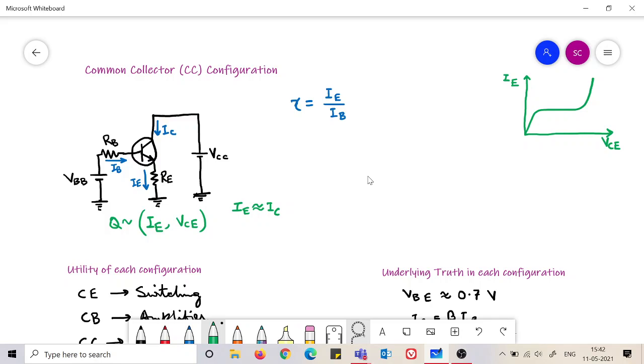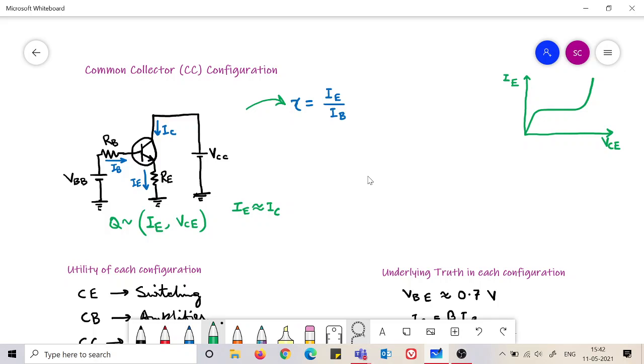What we have to utilize is another gain parameter, gamma, which is defined as IE by IB. Gamma is another gain parameter, which is IE by IB: how many times the emitter current is greater than the base current. So you use this.